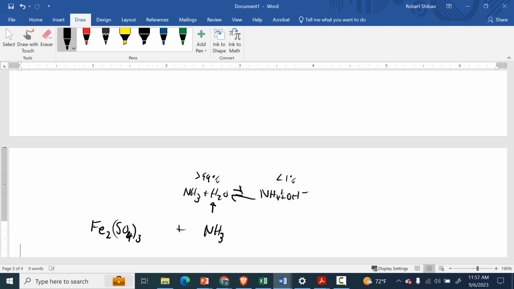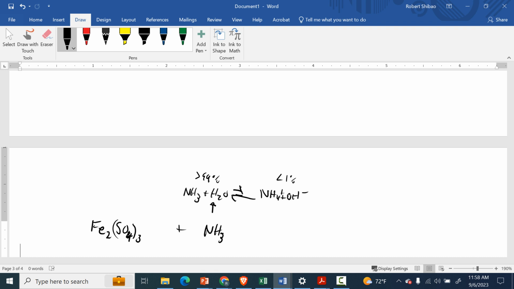However, hydroxide, I think, is very reactive because hydroxide reacts with all metal cations. Hydroxide reacts with all metal cations except for which ones? Yeah, group 1, ammonium and calcium, strontium, barium.